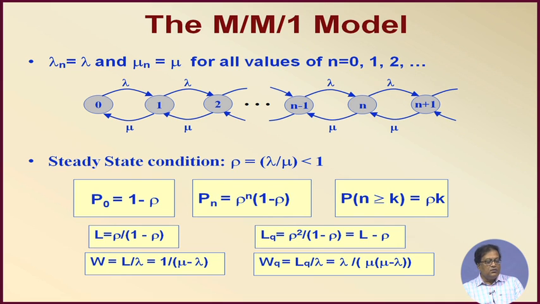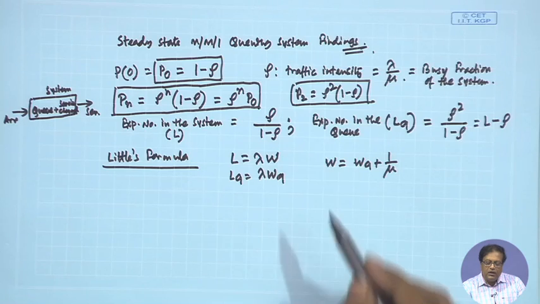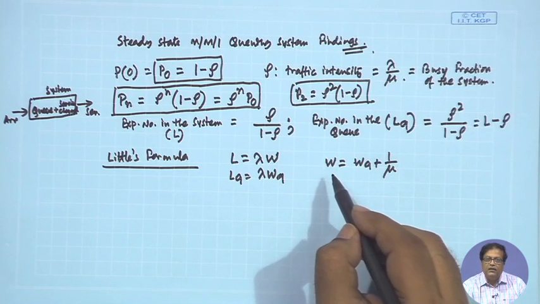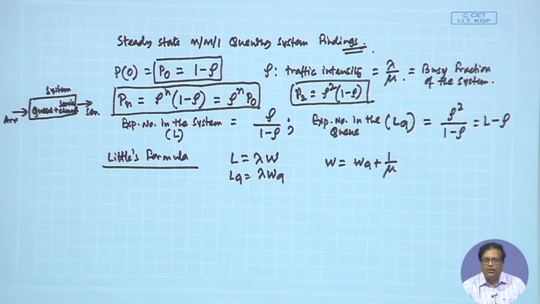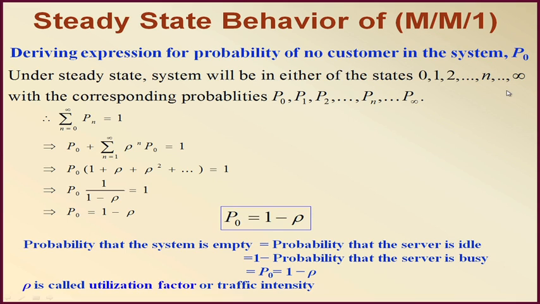So, there is really no need to remember all the other formulas. You know that W is the expected waiting time in the system, WQ expected waiting time in the queue, right.